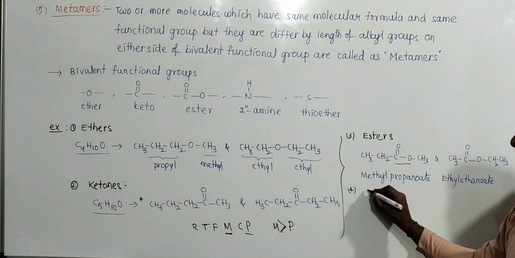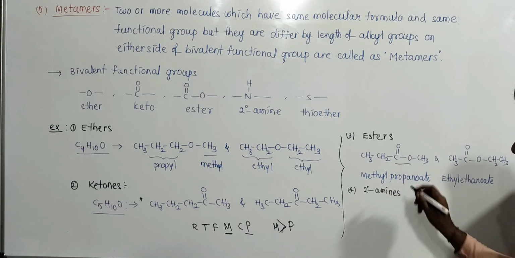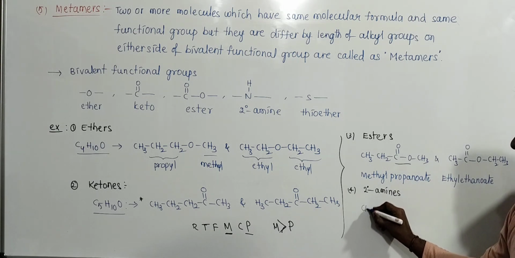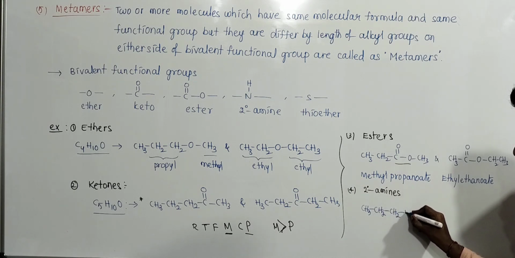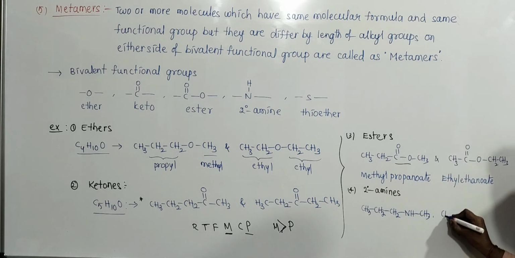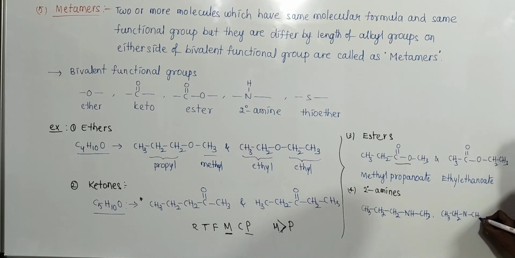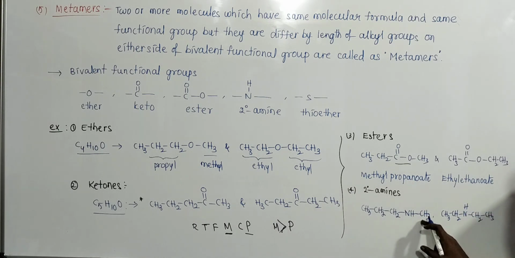Next, secondary amines. Secondary amines also contain a bivalent functional group. If you write CH3, CH2, CH2, NHCH3, and another molecule CH3, CH2, N, CH2, CH3, with hydrogen on nitrogen. The molecular formula says both have 4 carbon atoms, the same hydrogen atoms, the same nitrogen atom.